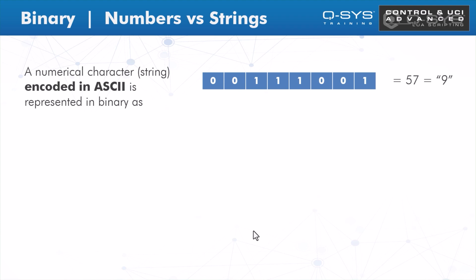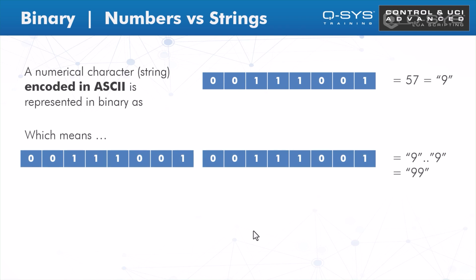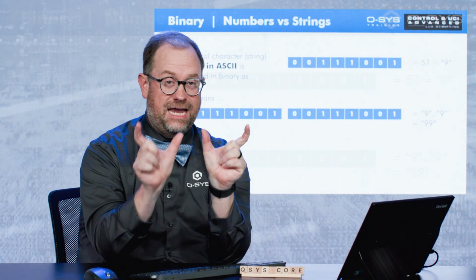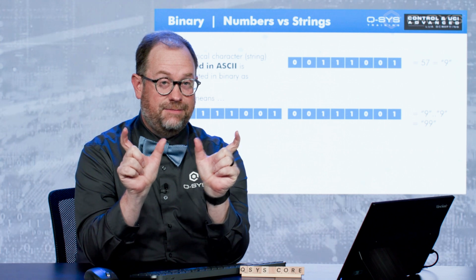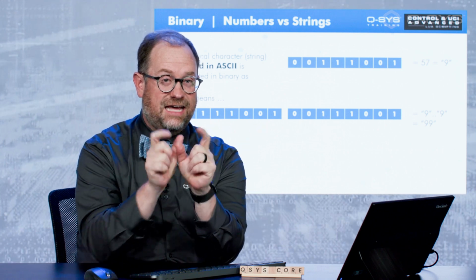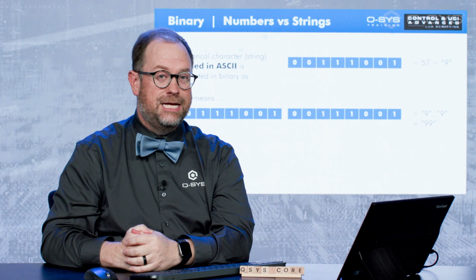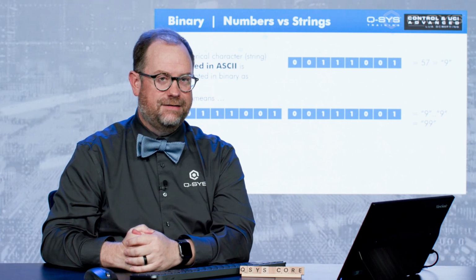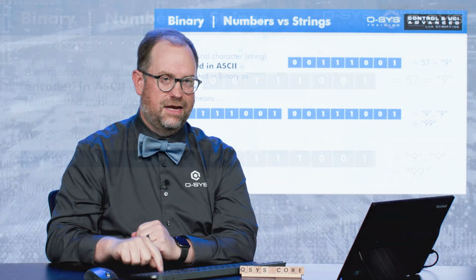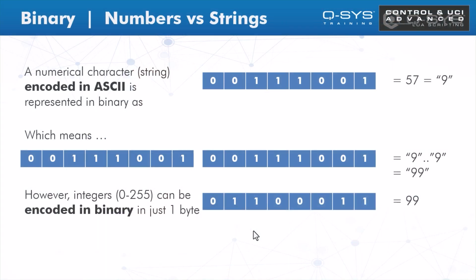So for us to get the string 99, it means that we have to have 8 bits to get the first 9 and 8 bits to get the second 9, which we then concatenate together to get the string 99.